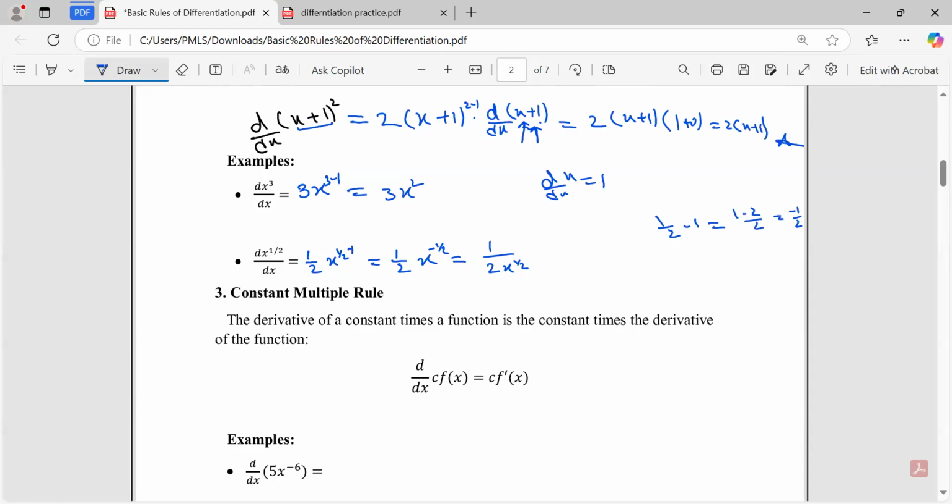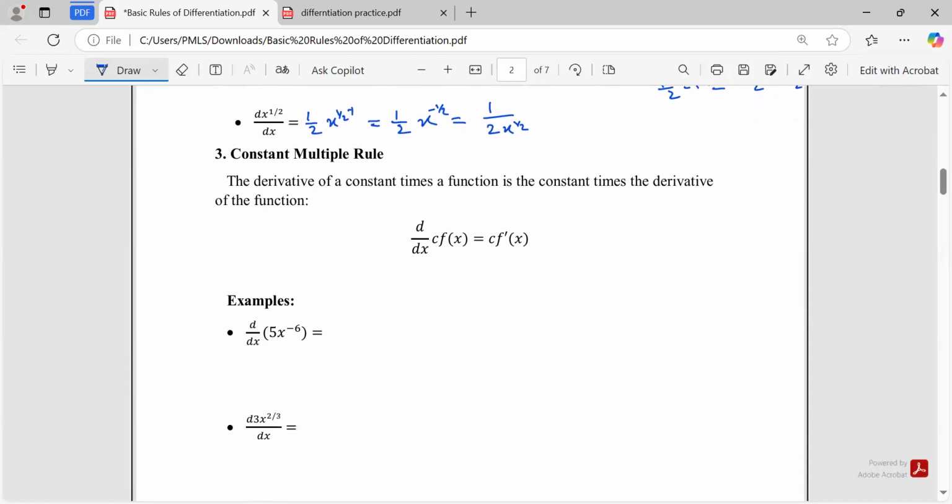This is the answer. In the same way, the next rule is the constant multiple rule. If you have any function and any constant multiplied by it, how will we find the derivative of this function? In this case, the constant will come out, take the derivative of the function, and the derivative of this function can be written as f prime of x.